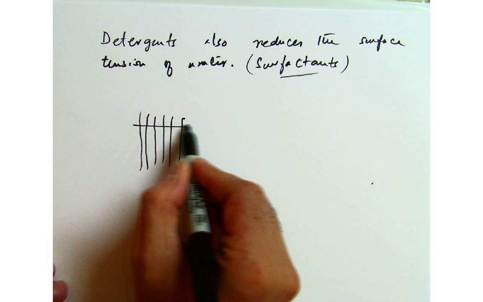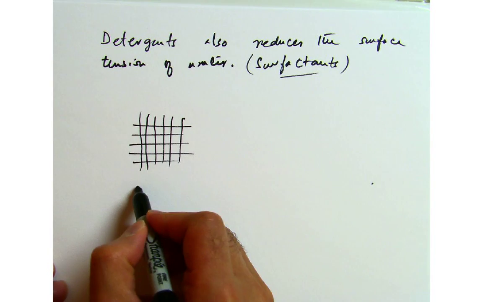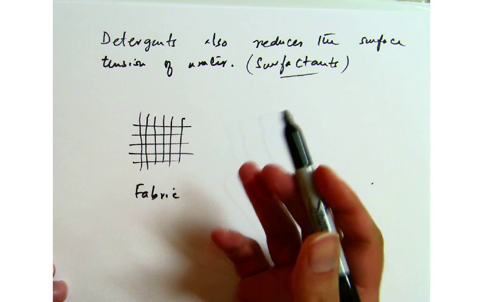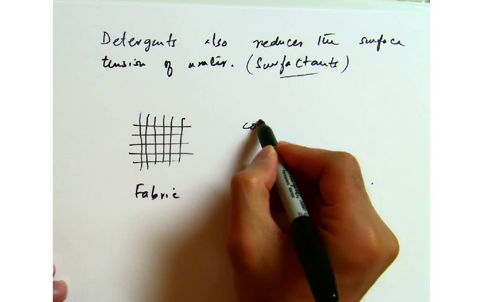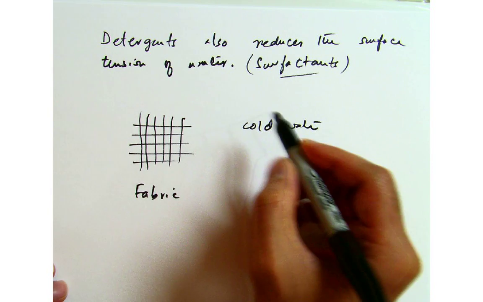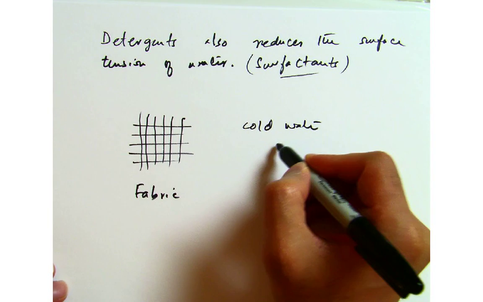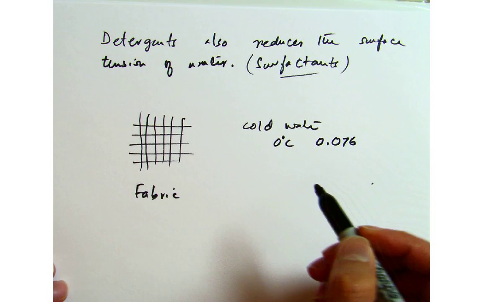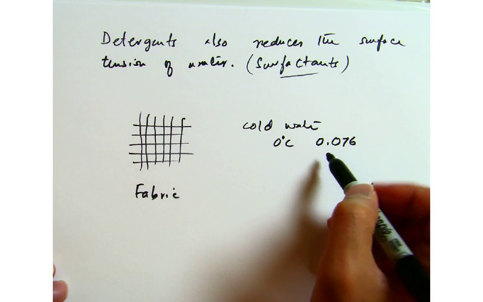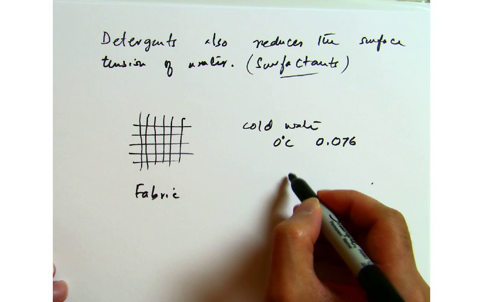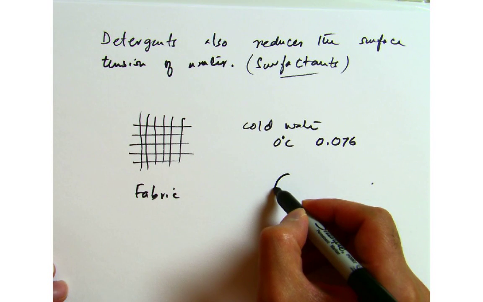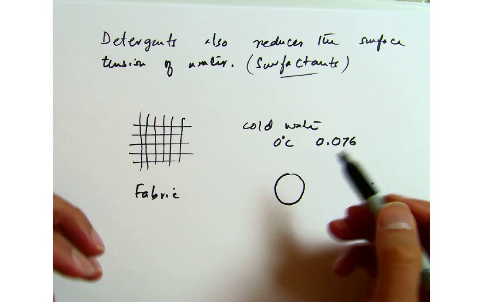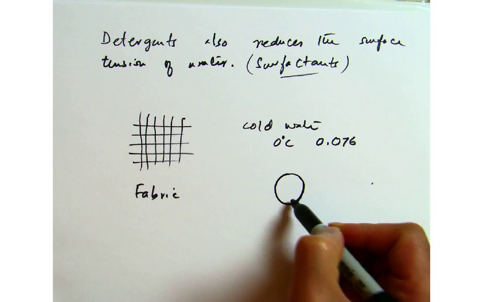If this is some fabric that we want to wash, and I'm using cold water, as I mentioned earlier, it will have a higher surface tension, at 0 degrees Celsius it is 0.076. The effect is that the drops the water makes will be much bigger, because with a higher surface tension it can make a bigger droplet.